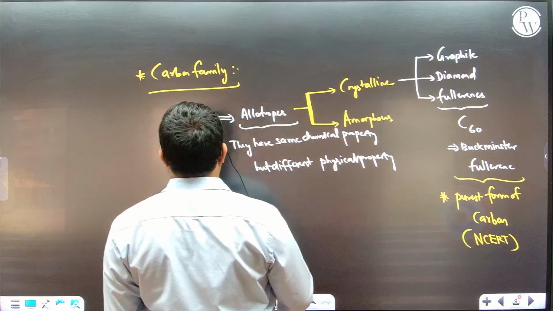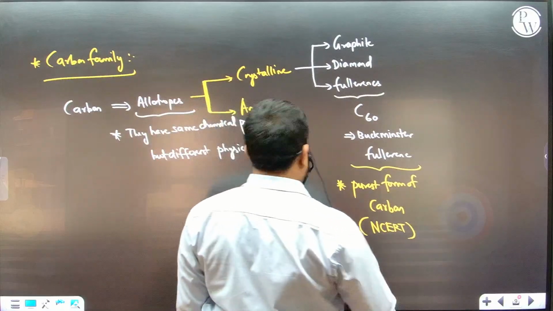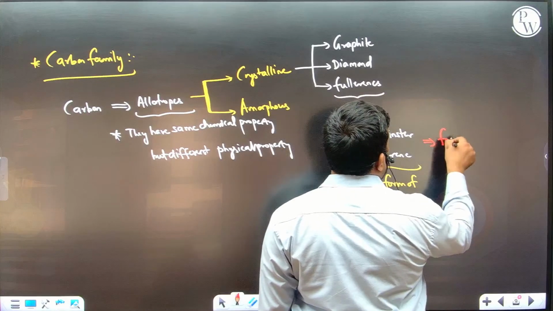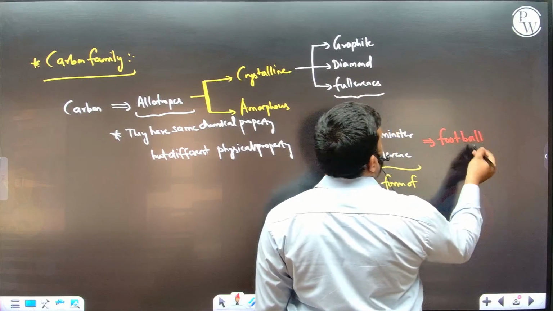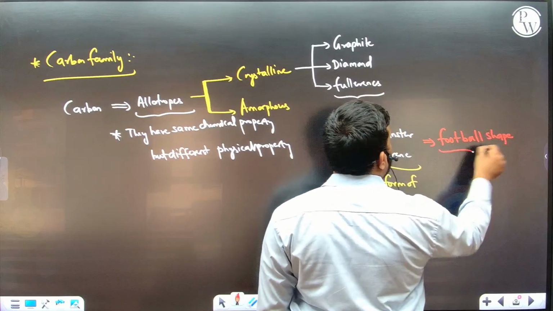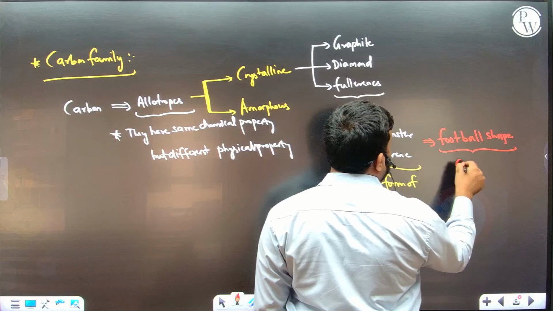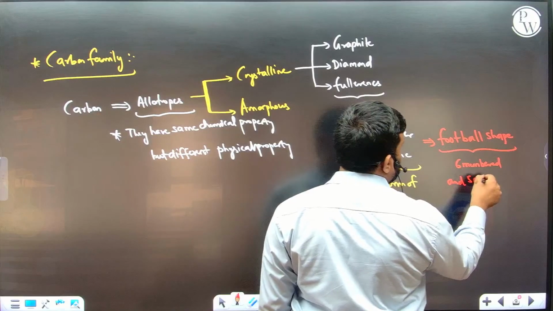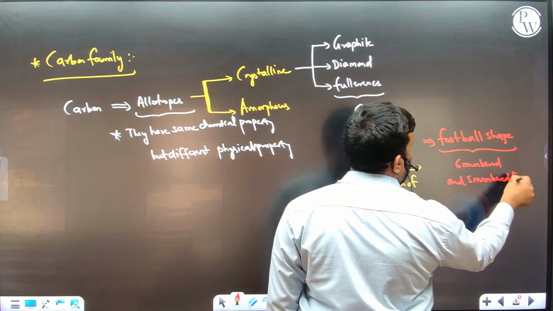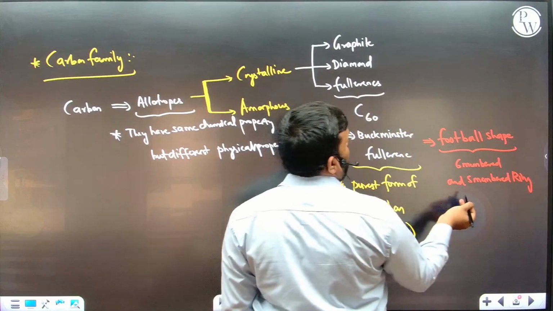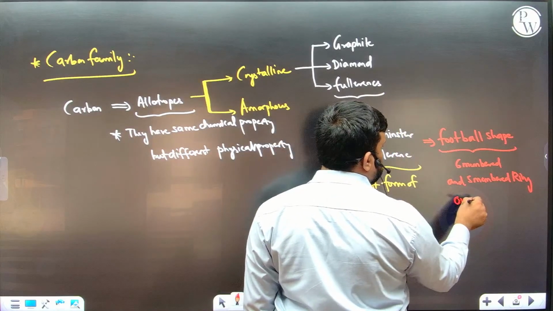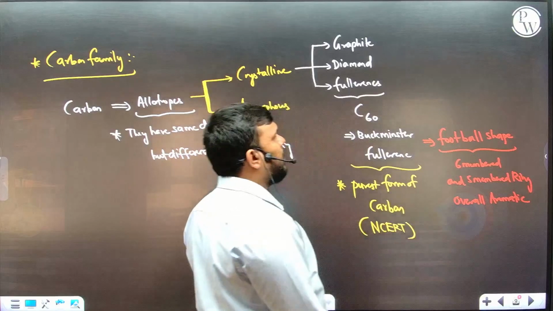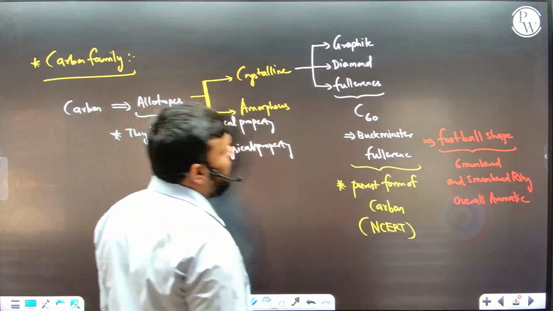This Buckminsterfullerene has a football or soccer ball shape, and it has hexagonal, 6-membered and 5-membered rings. Overall it is aromatic. All the rings you can see on this are aromatic. So they are asking this theoretical question.